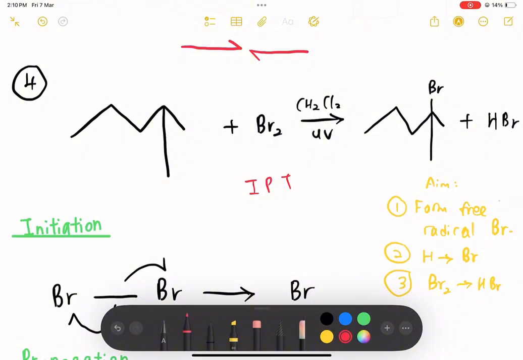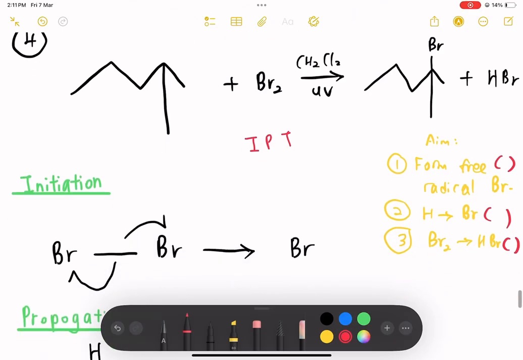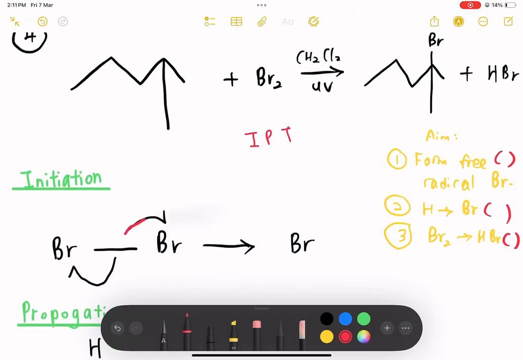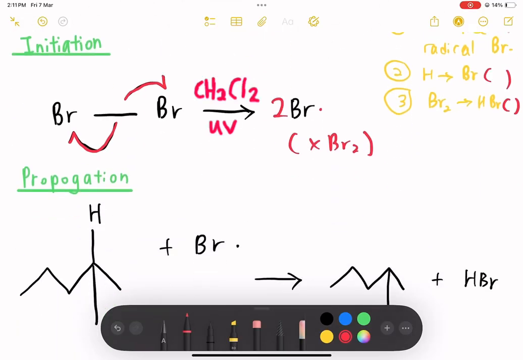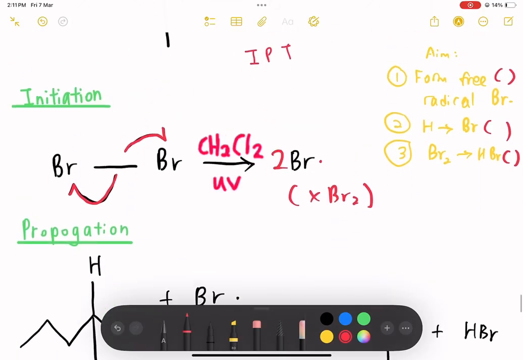And our aim must be followed one by one. First, we need to form free radical. In initiation, we need to break the bond. Then only we can form free radical, not Br2. Okay, next, after we form the free radical, take a tick.